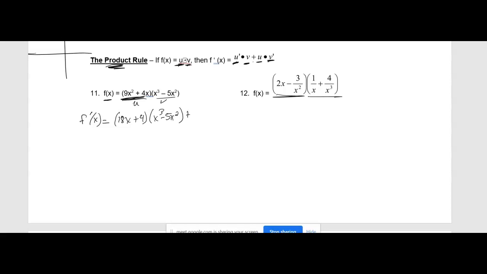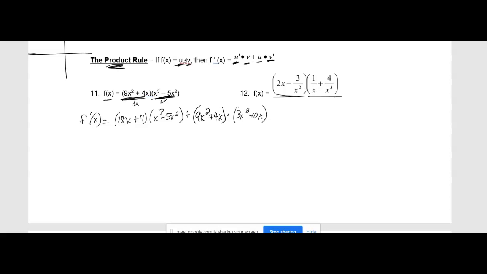Then you're going to add, leave that first term alone now, and multiply it by the derivative of the second term. So that would be 3x squared minus 10x. All right, we follow that.